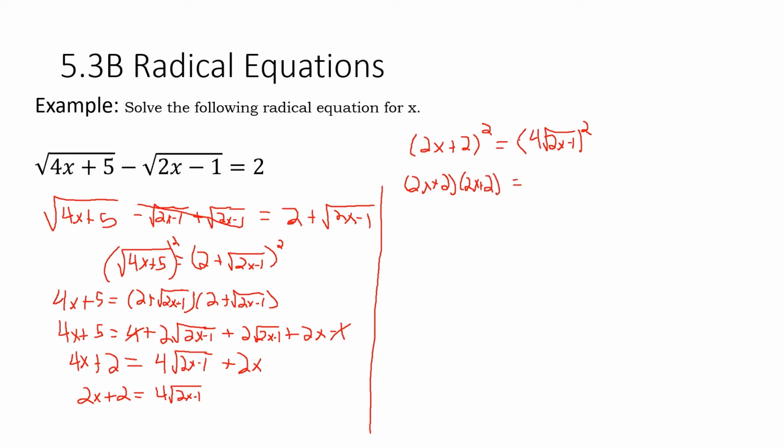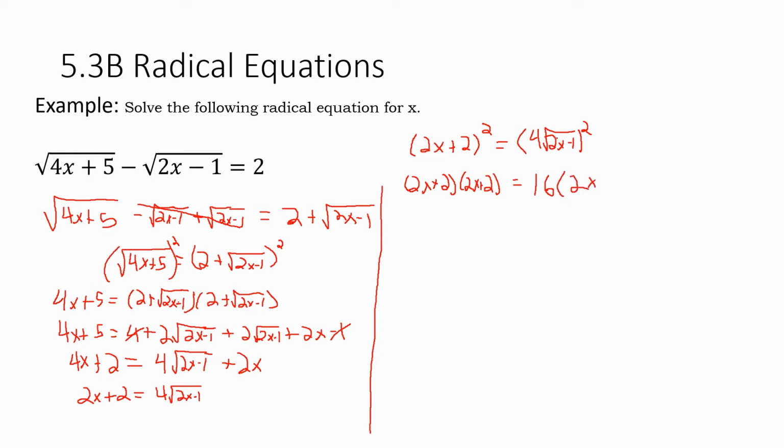And when we're squaring the right side, we need to square both these pieces. Kind of like if you had 4x squared, you would square the 4, and you would square the x. So let's square the 4, and we end up with 16. If we square the square root of 2x minus 1, we just have 2x minus 1.